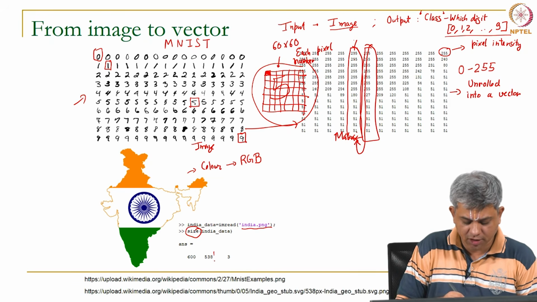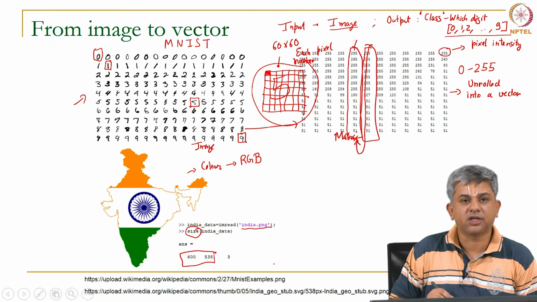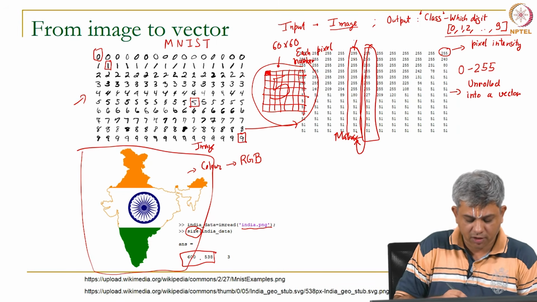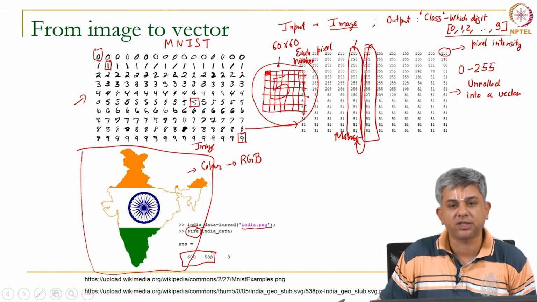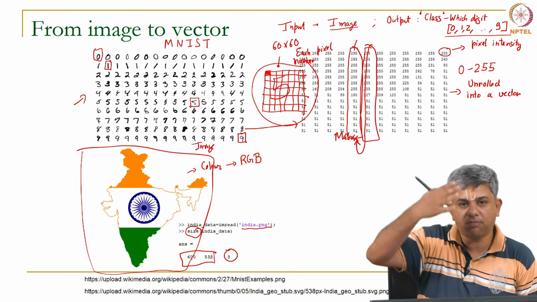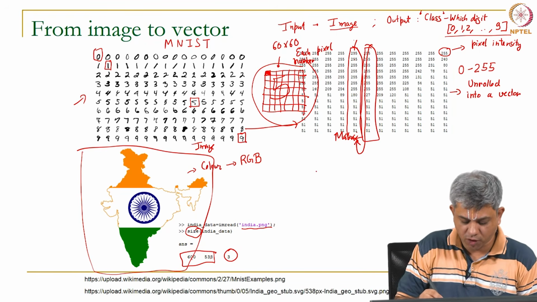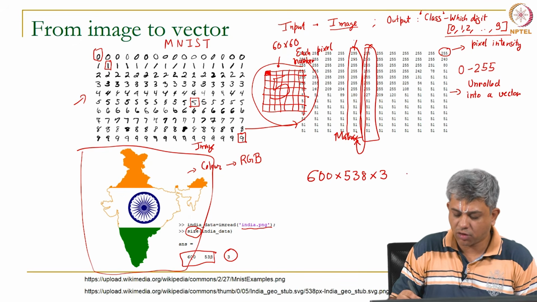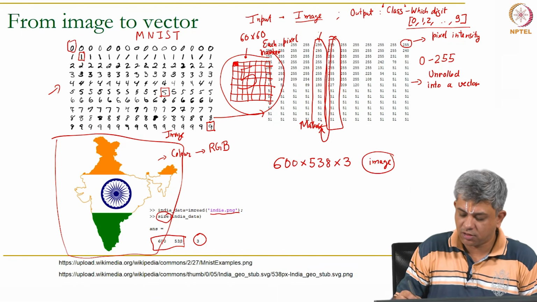What it shows is that the 2D size has 600 cross 538 pixels, but then there are 3 such layers. So, what we have is a 600 cross 538 cross 3 image.